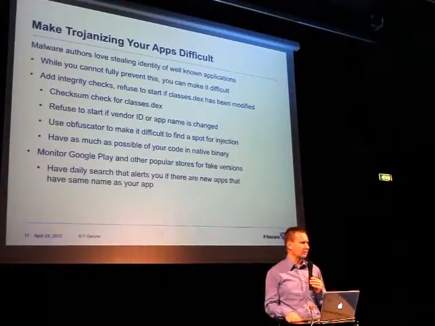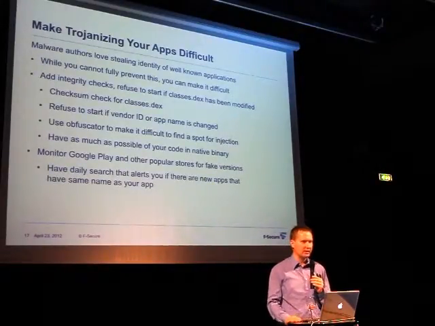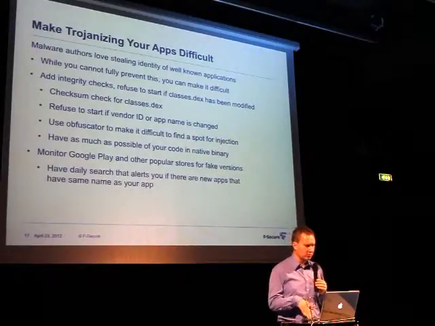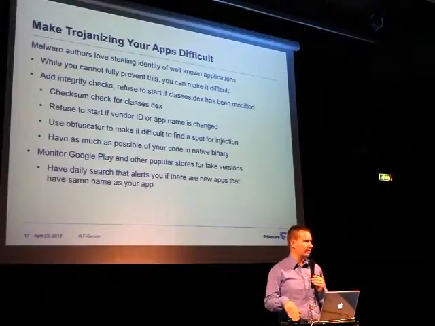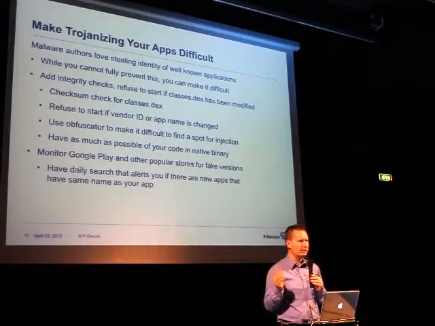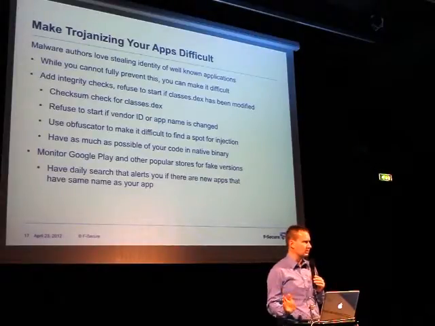Because you want to see if somebody else is trying to steal your identity, and then you can immediately complain to Google, Apple, Amazon, or any other big application store. Do be aware how your company looks to the outside world.